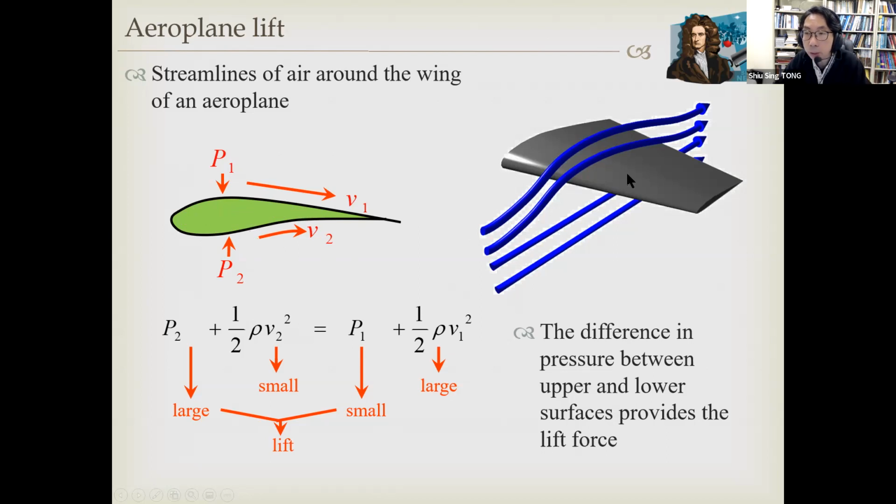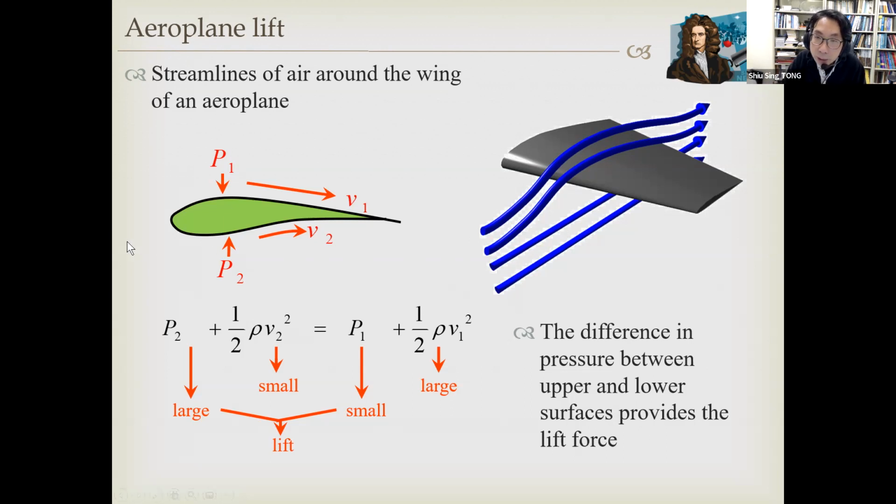This is not the only factor that contributes to the lifting force of the airplane. In fact, the airplane usually has its wing tilted at an angle when it is ascending, and that also contributes to the lift force on the wings. So both the angle of attack and the wing shape contribute to the lift force.